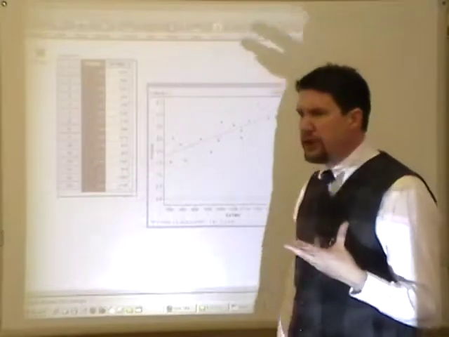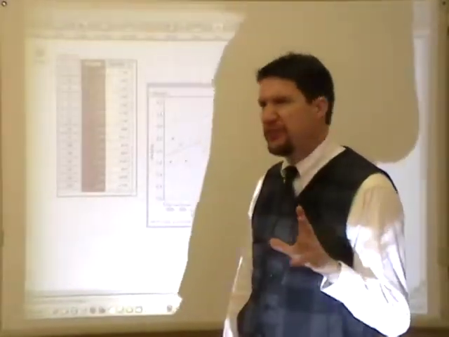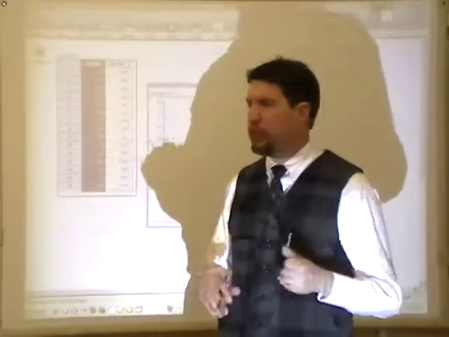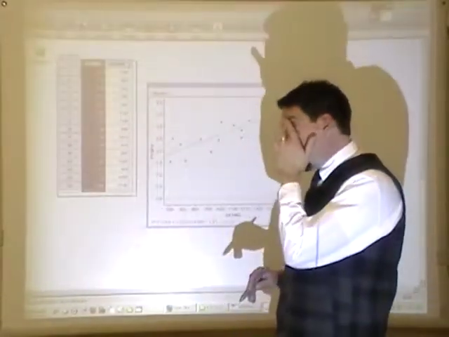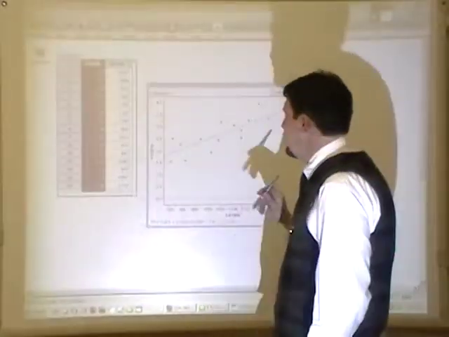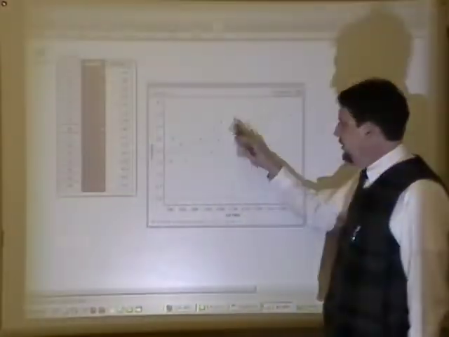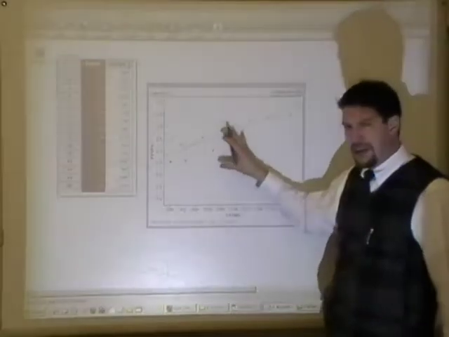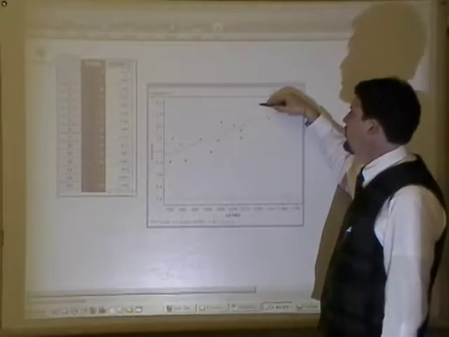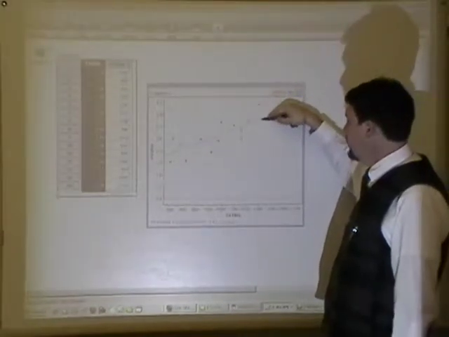R squared comes about a lot in more advanced statistics, but we need to have a basic understanding of what it is for our purposes right here. The best way to talk about it is to talk about error. Remember, here's our data set, and error, which means the residual, is the vertical distance from the observed value down to the predicted value.